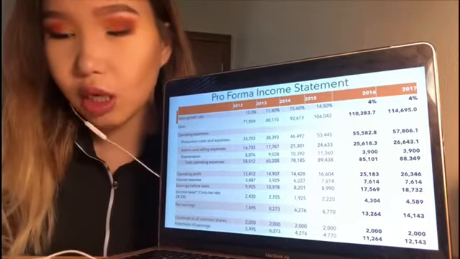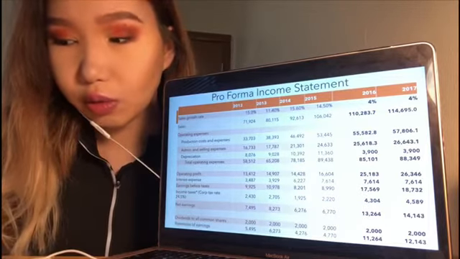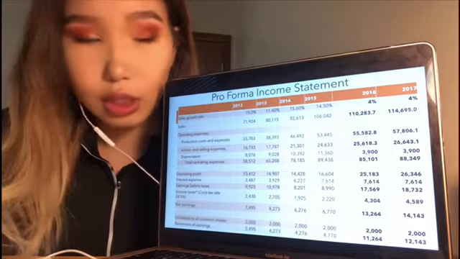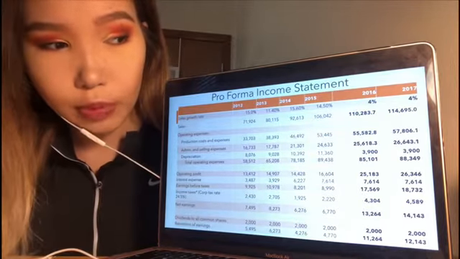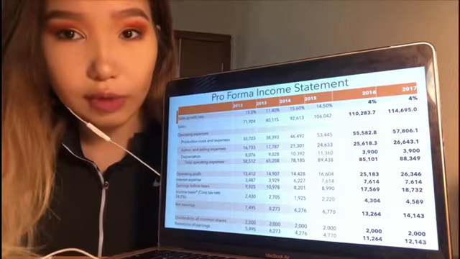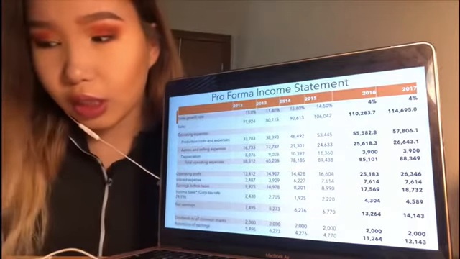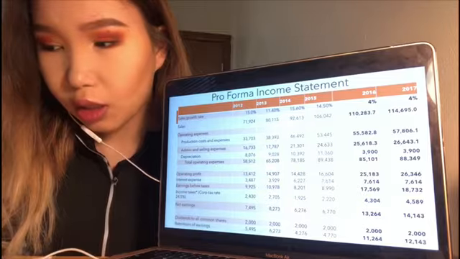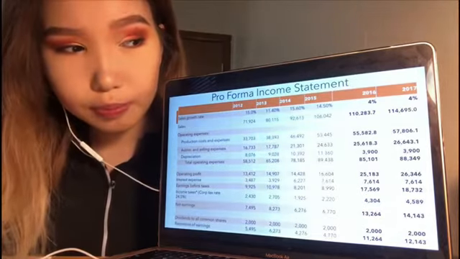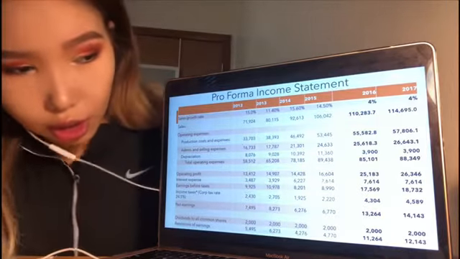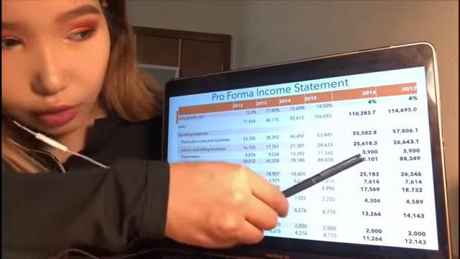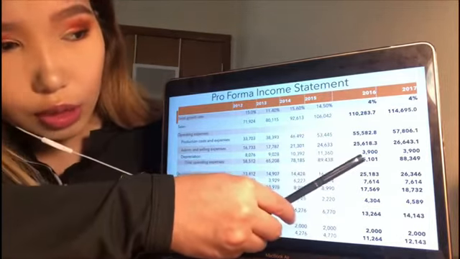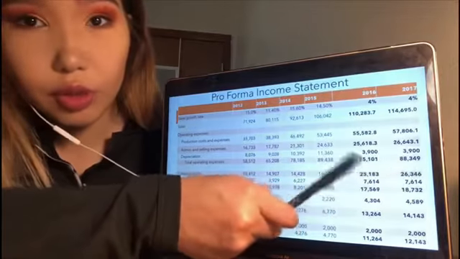So we divided 27.3 million by 7 years. 7 years is the useful life of the investment, and we ended up with 3.9 million for each year. So as it's shown here, the depreciation for the 2 years is 3.9 and 3.9.